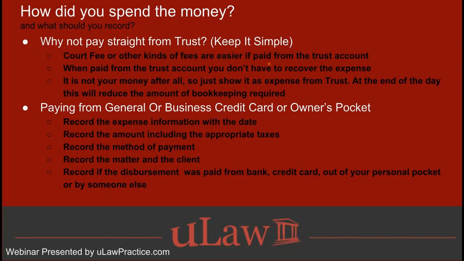But keep in mind, whether that's trust or general, in our previous slide we looked at some of the common data elements that need to be captured. That included the date, the amount, what the reason for it was, and which specific client and matter or file number it was for, right?